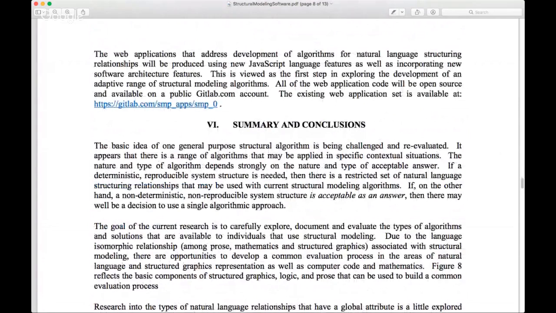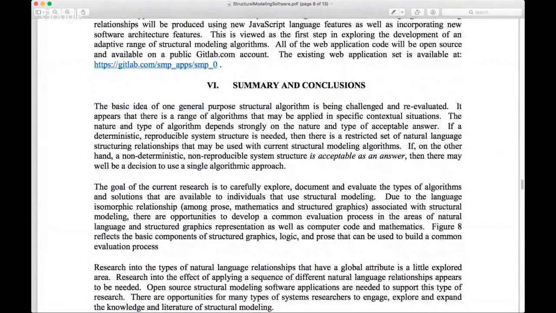So the basic idea is that one general purpose structural algorithm is being challenged and reevaluated. If you have one that you can use, in many cases that's good, but as I said earlier, if you have nothing and you use this algorithm in a way that's not repeatable, is that valuable for you?